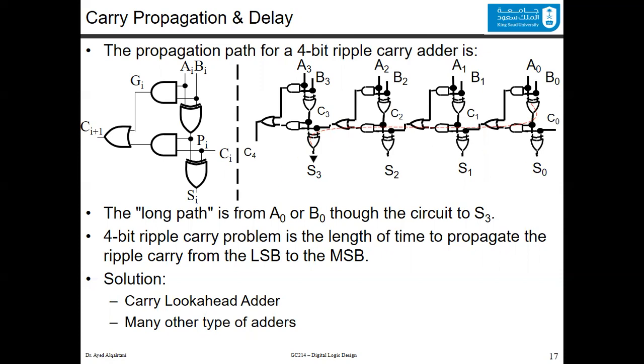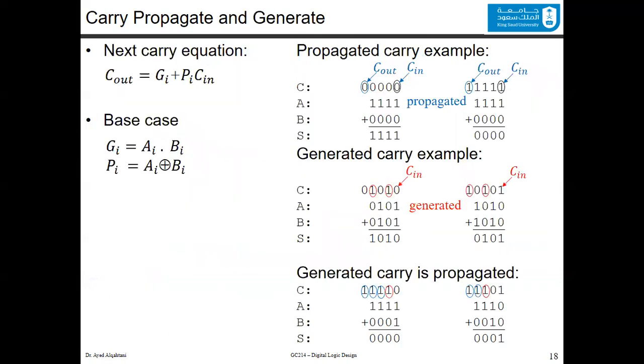So one idea is to have a carry look ahead adder, and we will discuss it in the next few slides. First, we will revisit the idea of carry propagation and generation. We know that the generation of a certain stage is the AND of Ai and Bi.